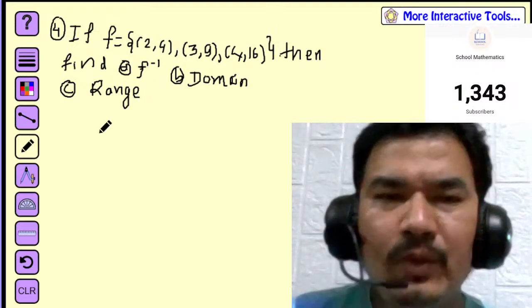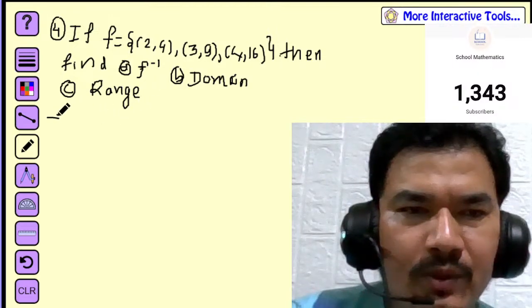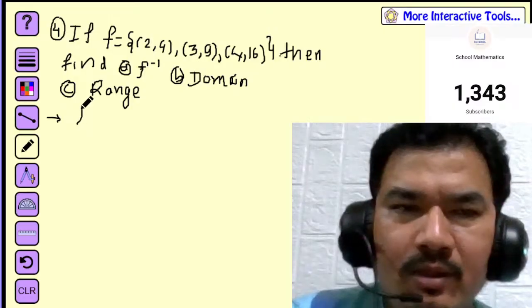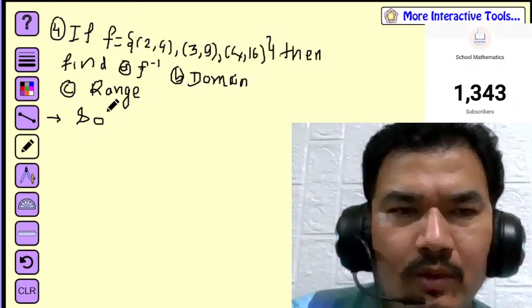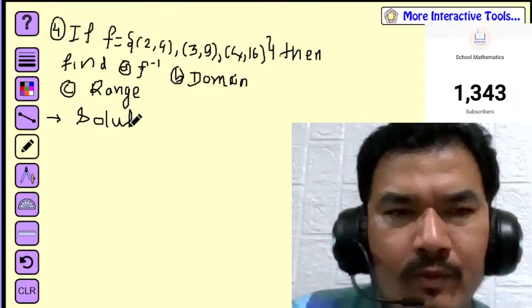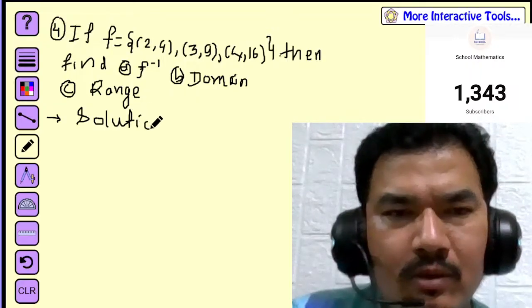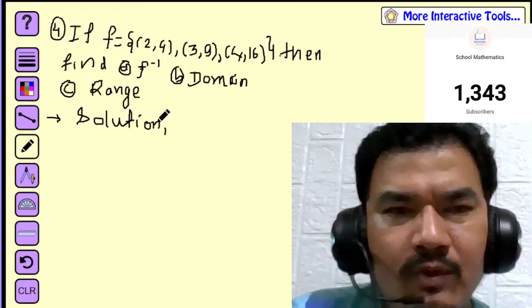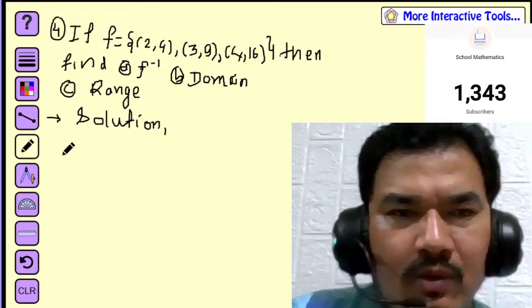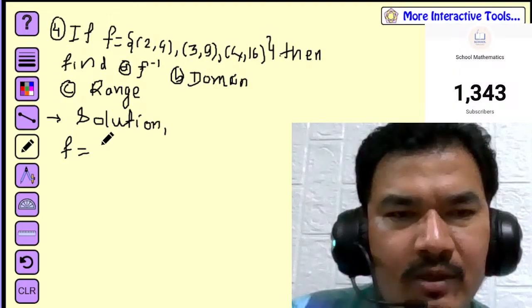Then what to do here? In this solution, I want to show you right here. First of all, it is asked to find f inverse. First of all, write f. What is f there?